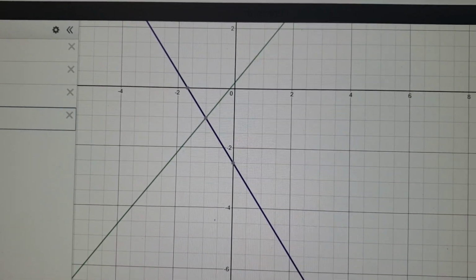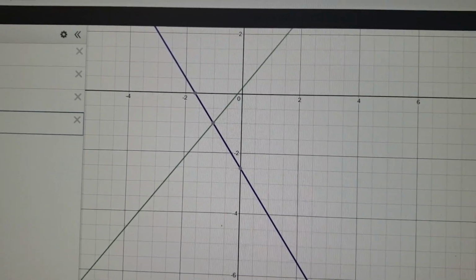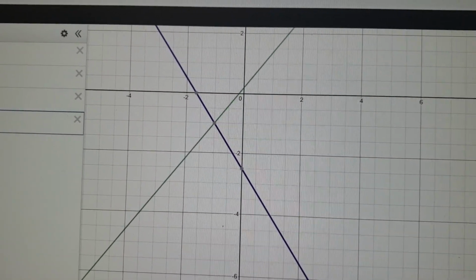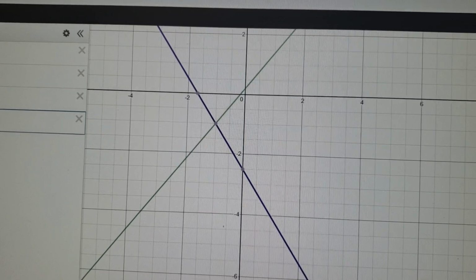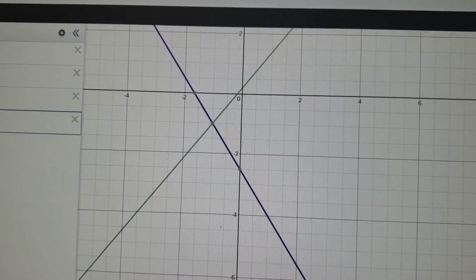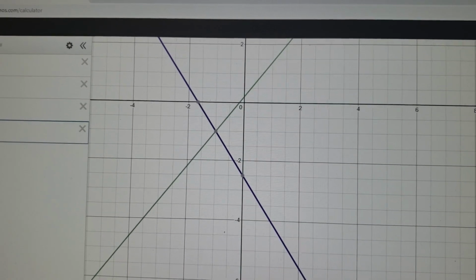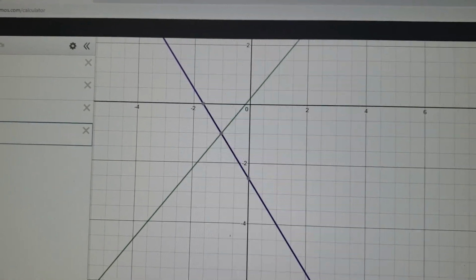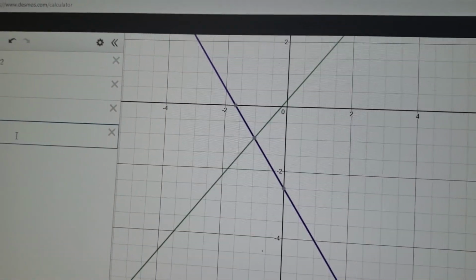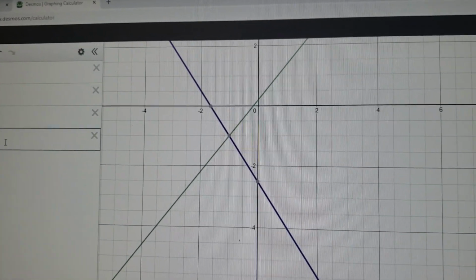So where the graph of two functions or two equations intersects, and it might be if you have a situation where it's not just lines that you're graphing, but say like a parabola, you might have more than one point of intersection, but wherever those two graphs intersect is a solution that they both have in common.